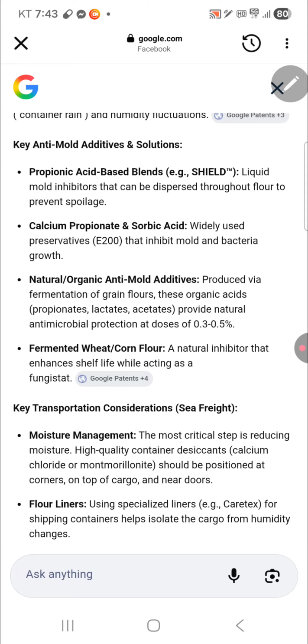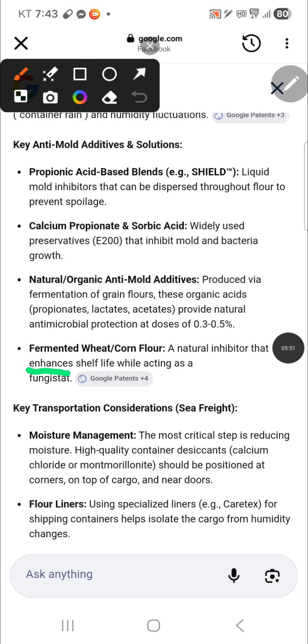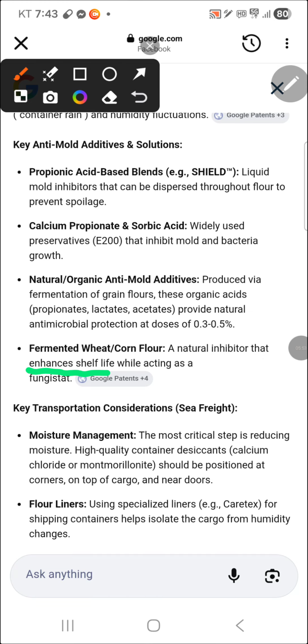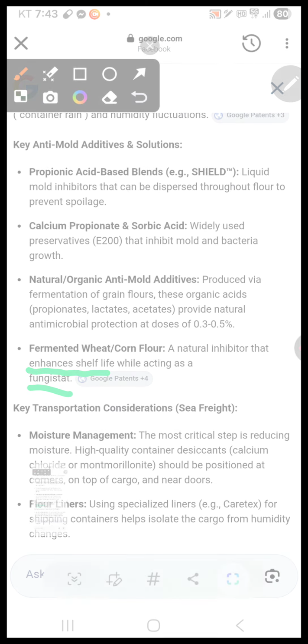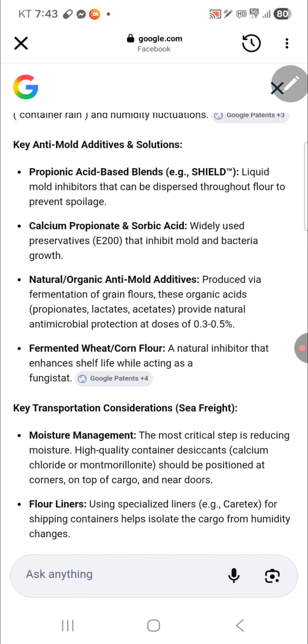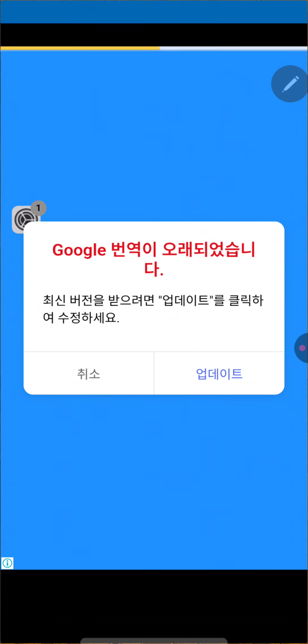So, fermented wheat and corn flour, a natural inhibitor that enhances shelf life while acting as a fungistat. Enhances shelf life, right? Fungistat. So we go back to the dictionary.